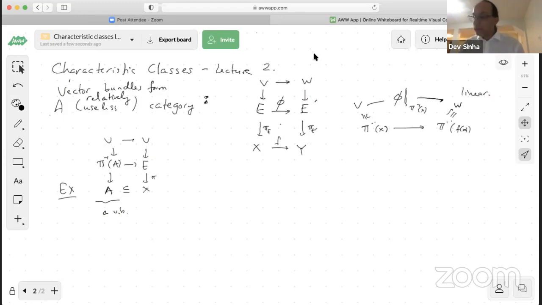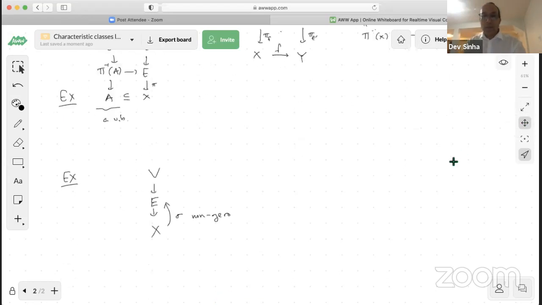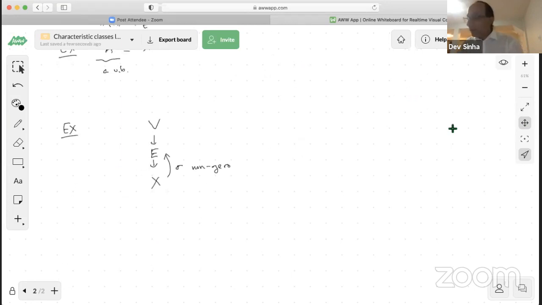Another example, much more interesting to me. Suppose I have a non-zero section, so that means non-zero everywhere.